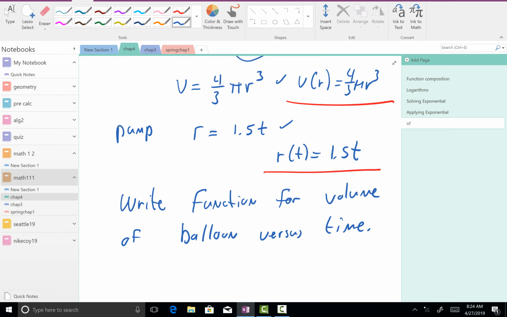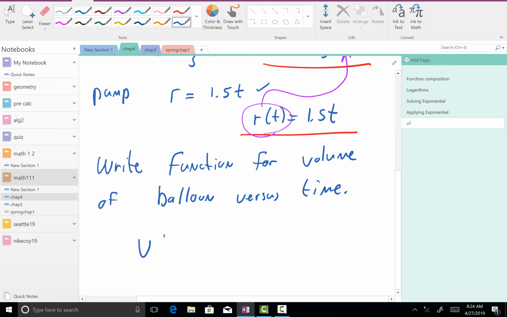What we want to do then is put those two things together. Since this is an R here, this R is going to go where that R is. So V of t then would look like 4/3 pi, and instead of R, we're going to have 1.5 t, because that's what R is equal to, cubed.